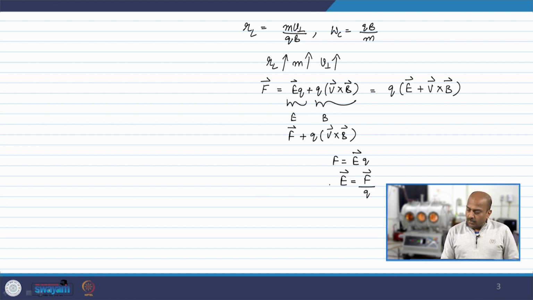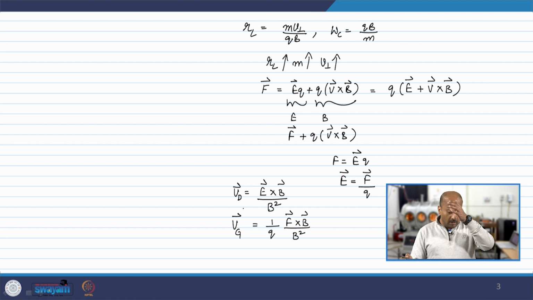So, by substituting this into Vd, where Vd is E cross B by B square, if I do that, then you have 1 by Q, and E is F cross B by B square. So, let us say we call this Vg, this is the generalized expression for the drift velocity in the presence of a force F and a magnetic field, right.